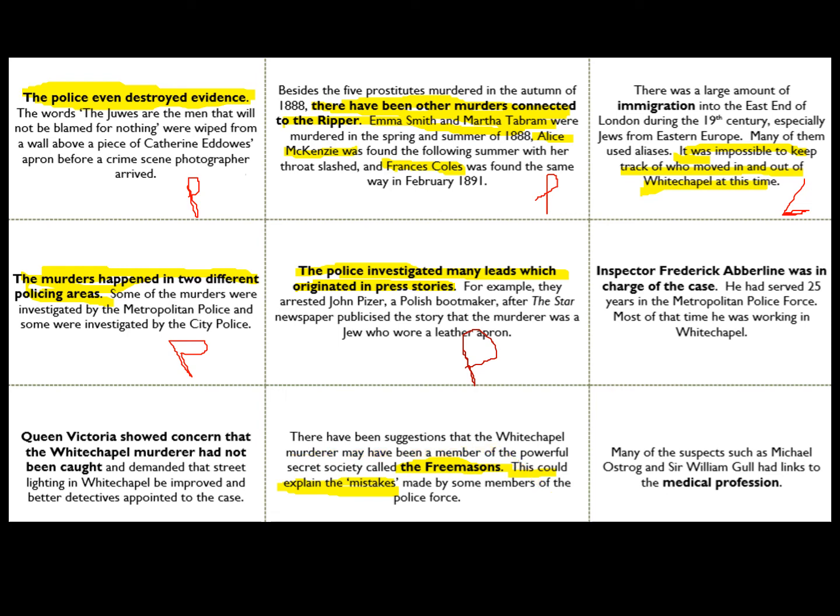So murderer may have been a member of the Freemasons, and this could explain the mistakes, and that would be technically a skill of the murderer, so we'll put that as our first S.